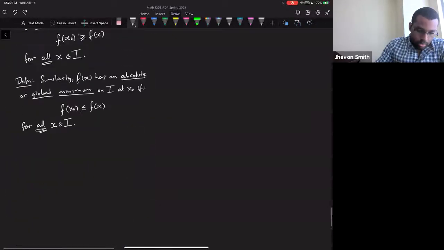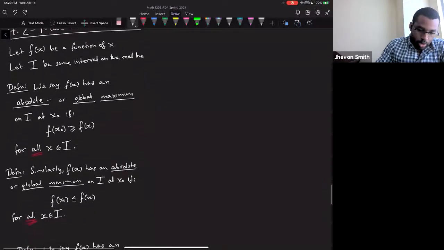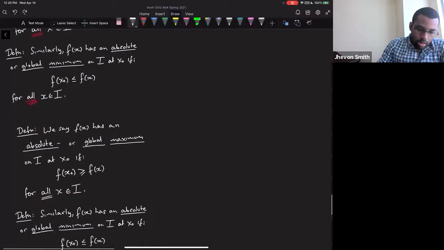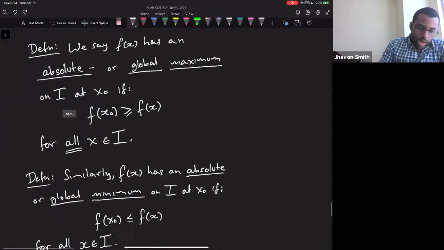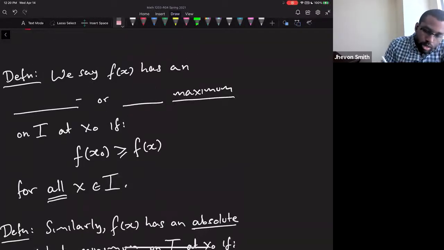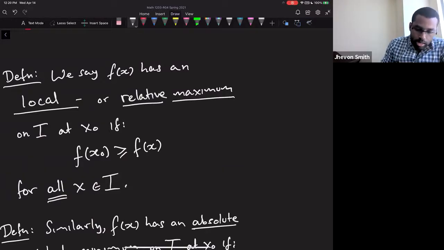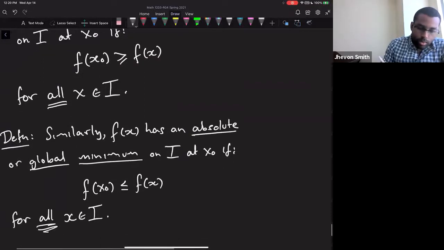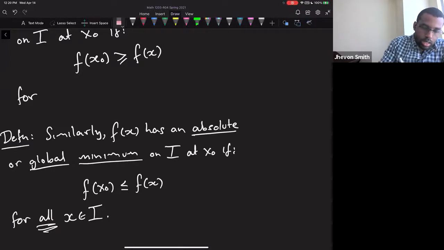Okay, so absolute or global minimum and maximum. You have something that's also called a local or relative maximum. And this is just for all x near x naught.